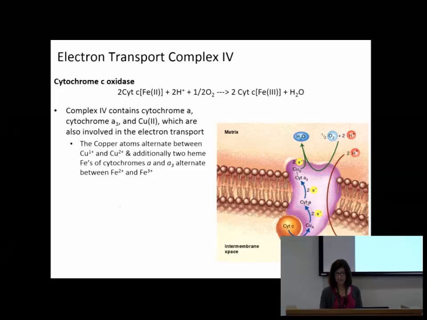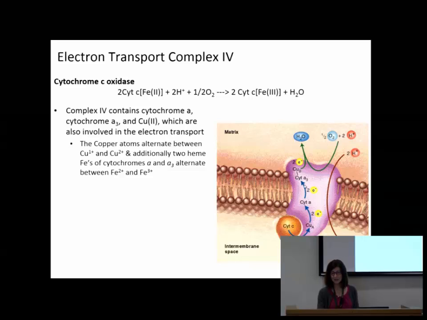We just talked about the difference between cytochrome C's and cytochrome A's, and then there are copper ions. Remember, copper ions have the oxidation states of 1 and 2 instead of 2 and 3. So 1 and 2 for copper instead of 2 and 3 for iron. So again, cytochrome C is going to give it to copper ions and cytochrome A's, 2 different cytochrome A's.